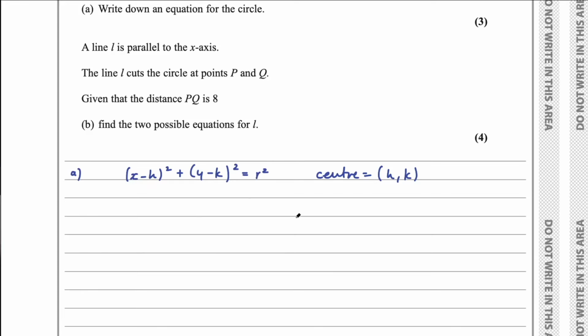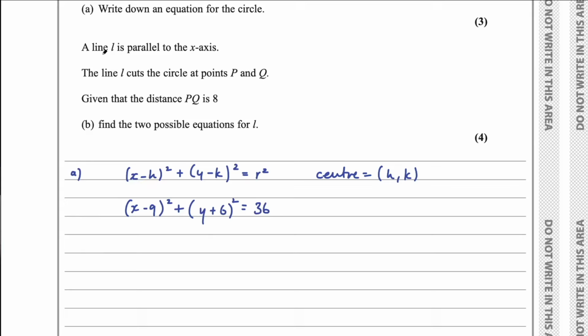So all we need to do is input the values we are given. So we know the center is 9, -6. So this will be x take 9 all squared plus y plus 6, because k would be a negative. So this negative in here becomes a positive. So y plus 6 all squared. And then the radius squared, we've just said the radius is 6, so 6 squared is 36. Okay, so that's your equation for that circle.